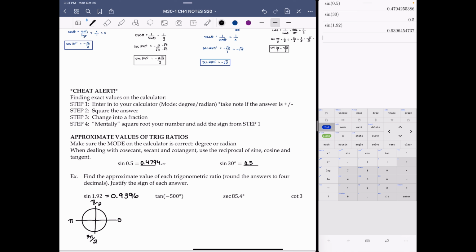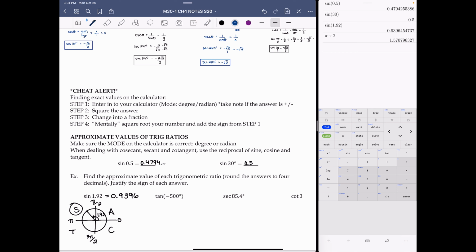Pi over 2, pi divided by 2 is 1.57, so it's bigger than that, so it's in quadrant 2. Then using the CAST rule, we get that sine is positive because the terminal arm of our angle is in quadrant 2.